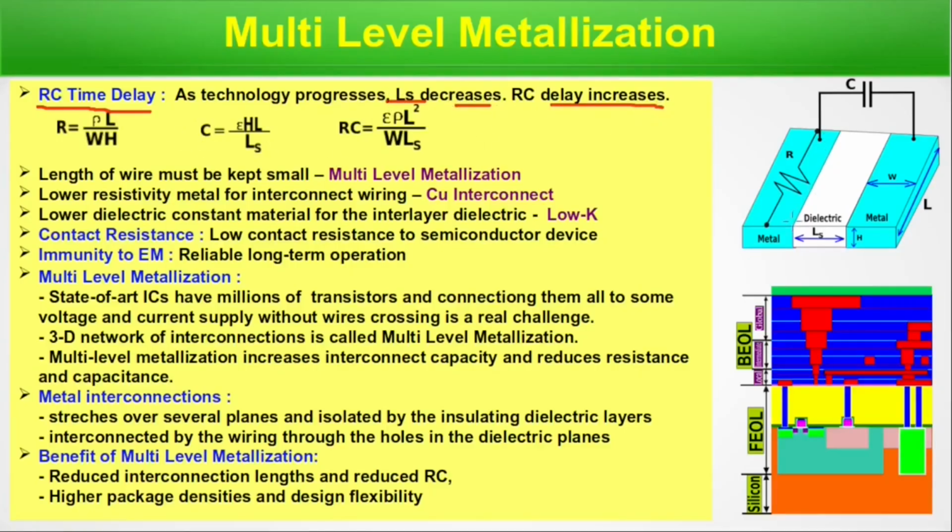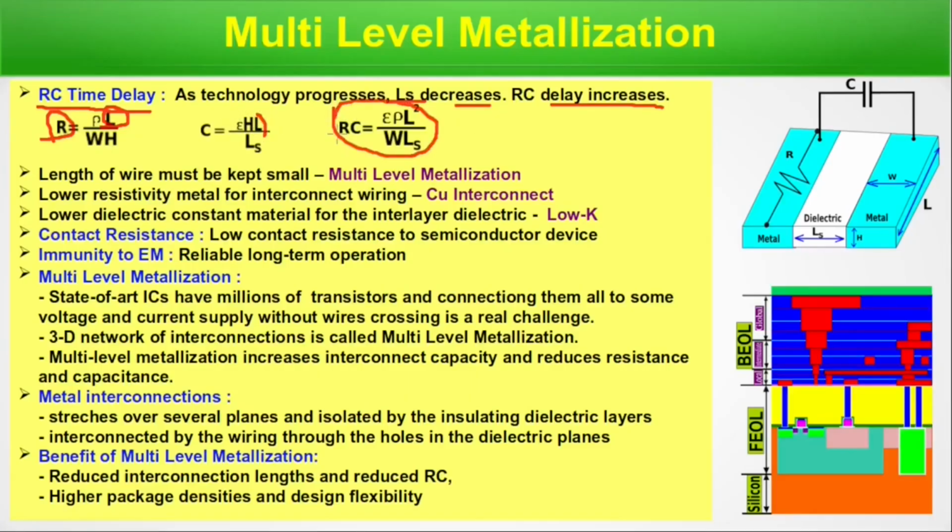It's a metal and it has some parasitic resistance and capacitance. R, that is resistance, has the expression rho L by height and width. If L is longer, then resistance will be higher. C has dependency on L. This is the expression of RC.